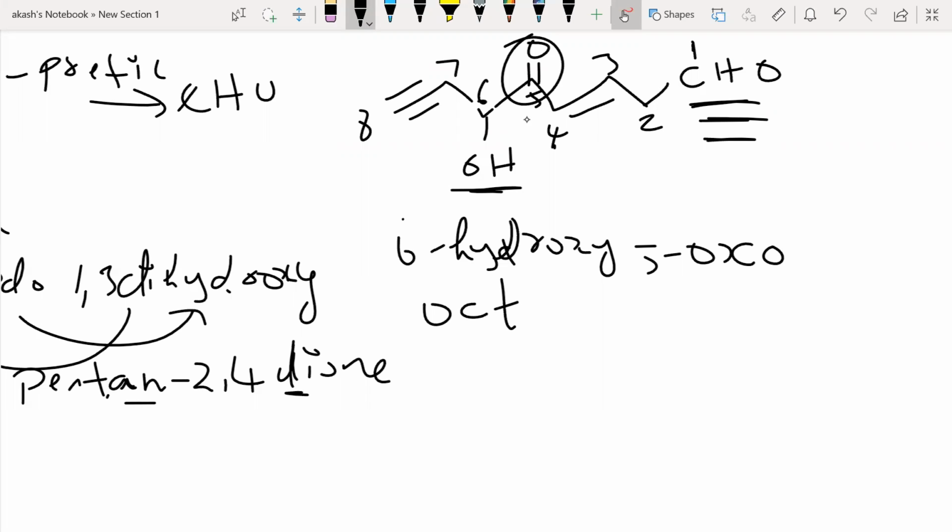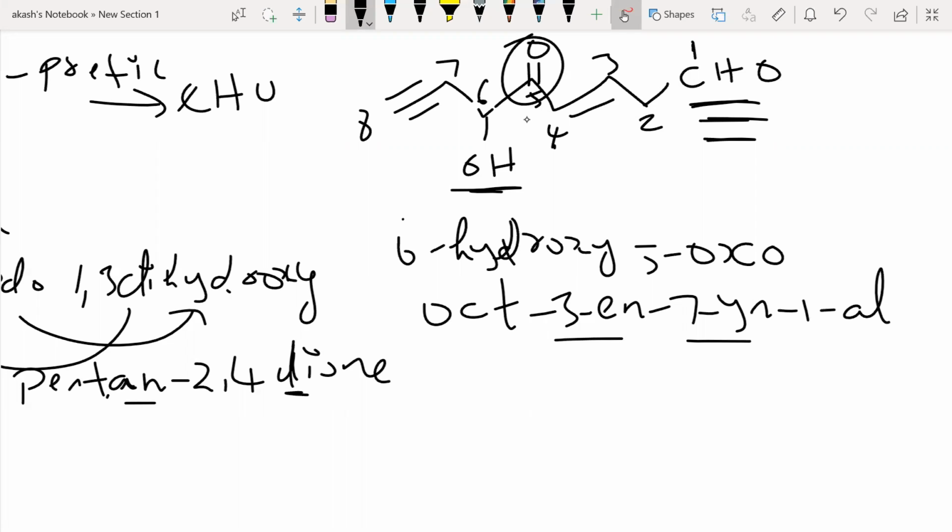And you see in the 3rd carbon atom you have a double bond, and in the 7th carbon atom you have a triple bond. So it's 3-en-7-yn. And last, you have the aldehyde, that is 1-al. You don't have to specify it, or if you want to specify, you can. It's going to be 1. This is the name of the compound.